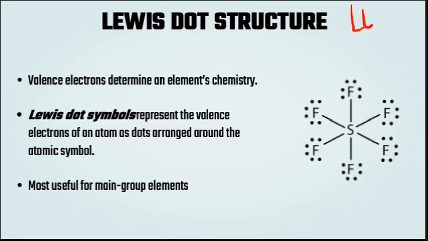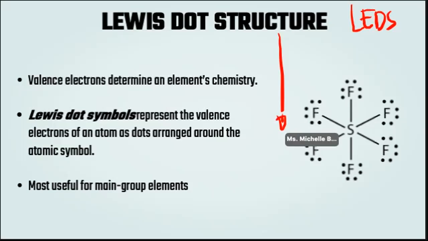Lewis electron dot structure is most useful for main group elements. Which means to say, the Lewis electron dot structure is made up of what? It is made up of a chemical symbol and dots.